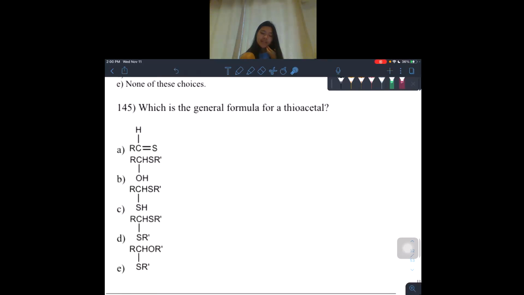All right. So then thioacetal is kind of weird. It's going to be an acetal, but it's going to have a thio group.